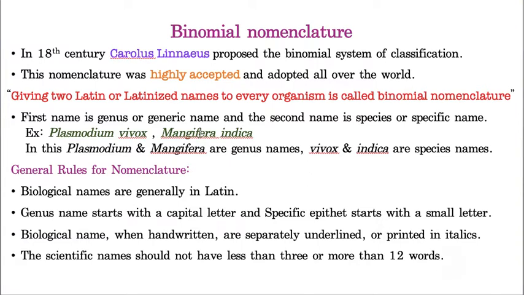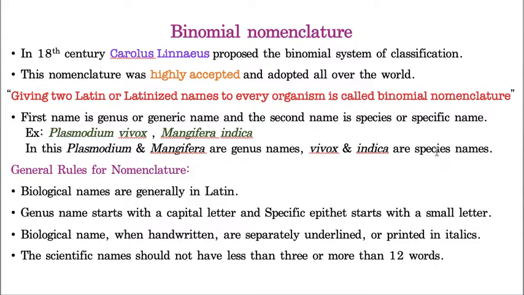Whereas, going back to the examples, the second names, vivax and indica, are the species names. So when giving two names, one name must be the genus name and the second name must be the species name, and then that is called binomial nomenclature. Hope I'm clear to you.